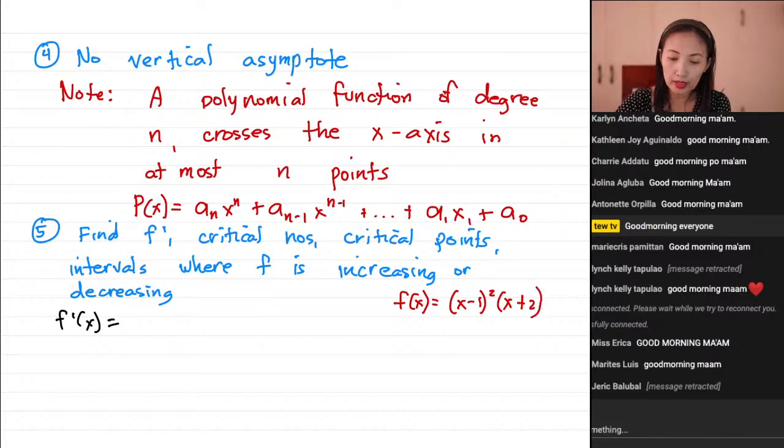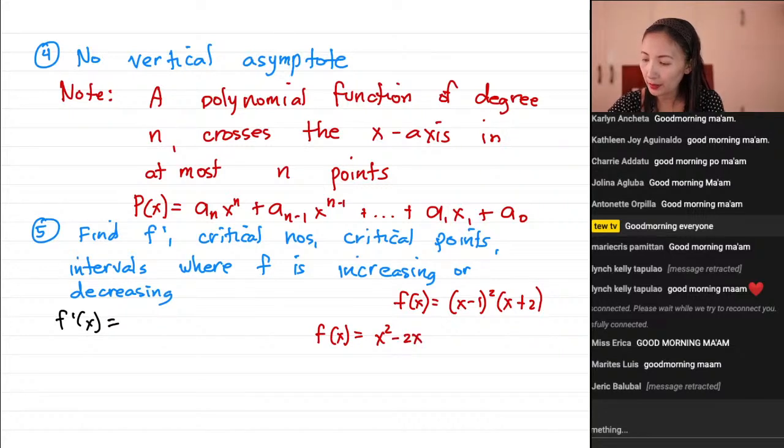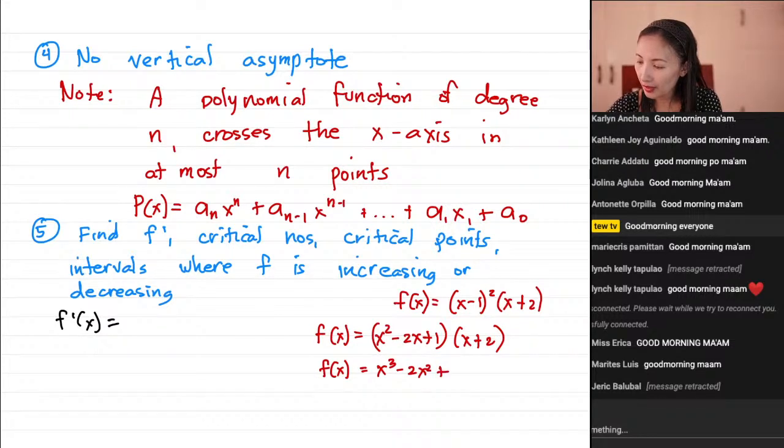Now, it would be easier if we multiply this. Let's expand this first. Equals x squared minus 2x plus 1 times x plus 2. Okay? F of x equal to x cubed minus 2x squared, okay, plus x plus 2x squared, okay, minus 4x plus 2.